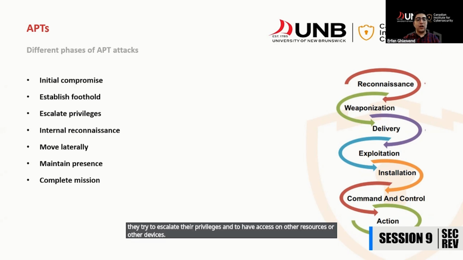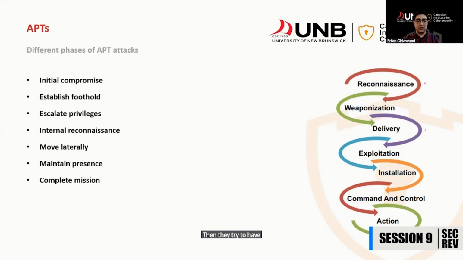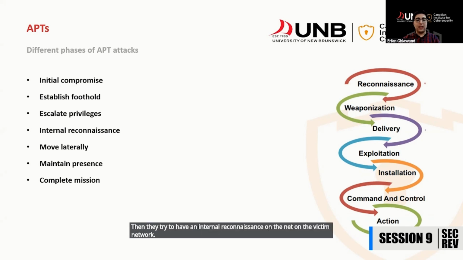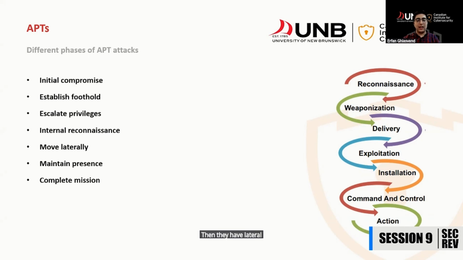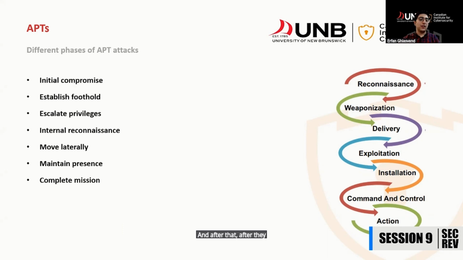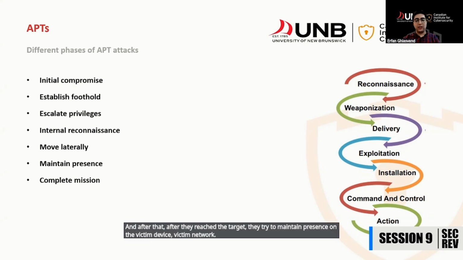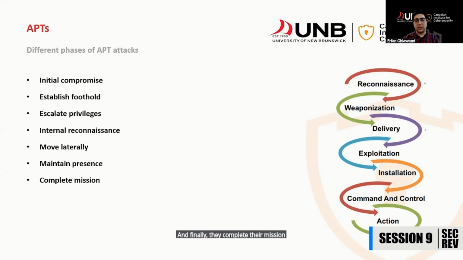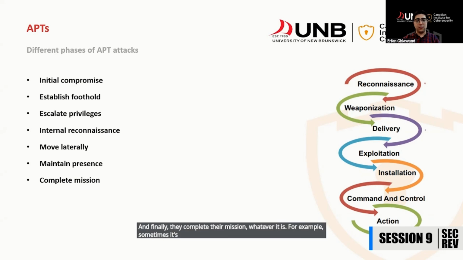Then they carry out internal reconnaissance on the victim network. Then they have lateral movement, trying to gain access to other devices or other networks within the general network. After they reach the target, they try to maintain presence on the victim device or network. And finally, they complete their mission, whatever it is. For example, sometimes it's to exfiltrate some data, or sometimes it's to disrupt the operation of some industrial application.